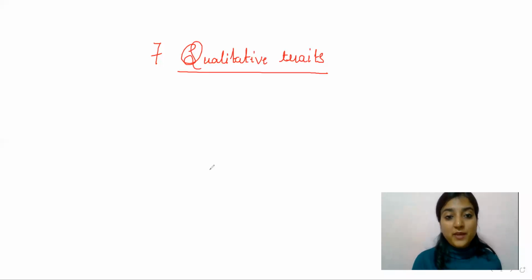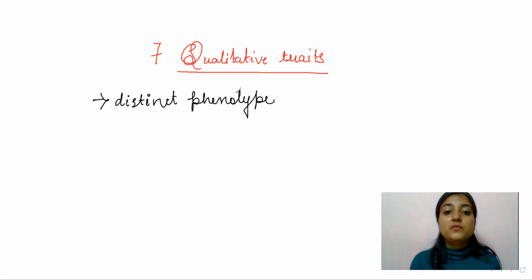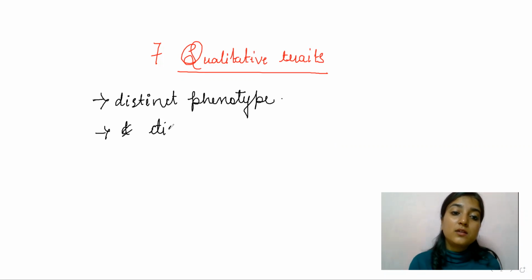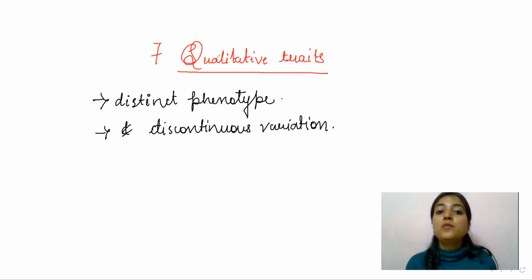The qualitative traits are those which can be classified into distinct phenotypes, which means that they show discontinuous variation. So Mendel took 7 qualitative traits in his experimental work with the pea plant.